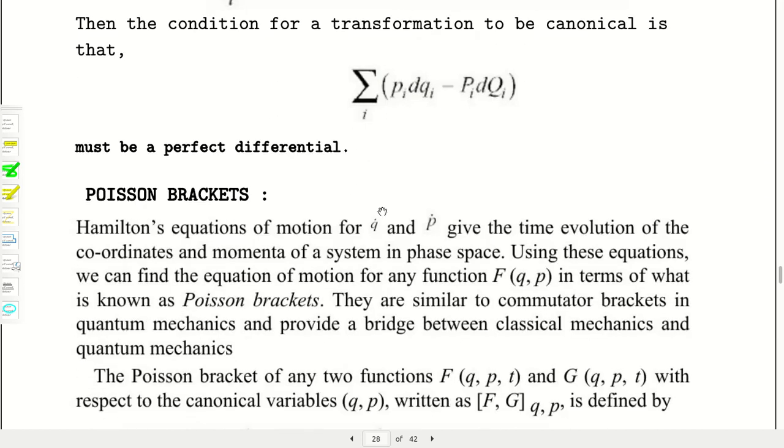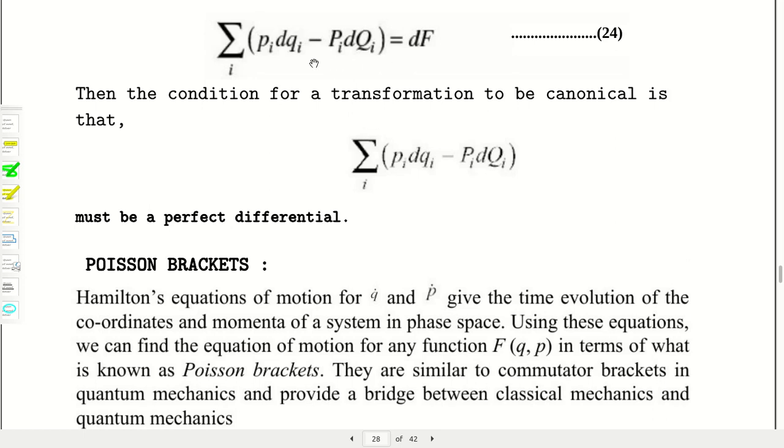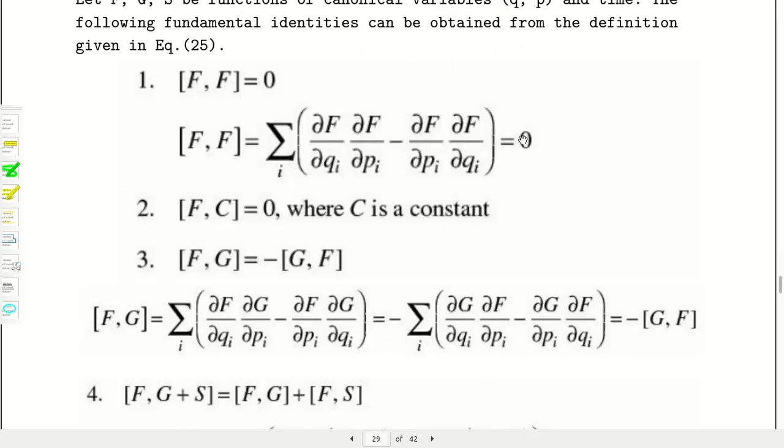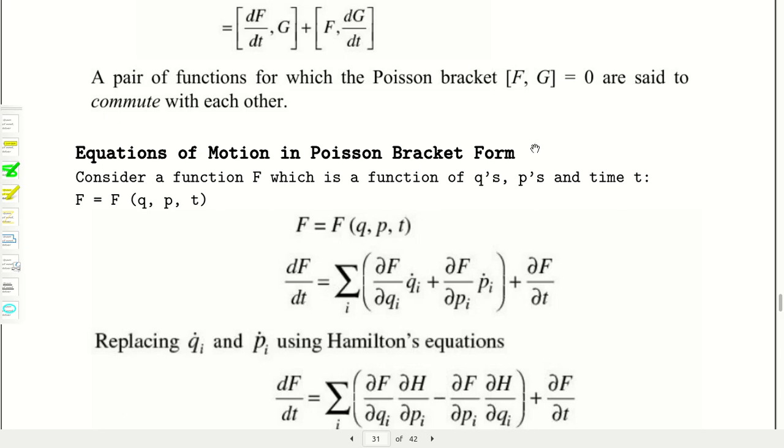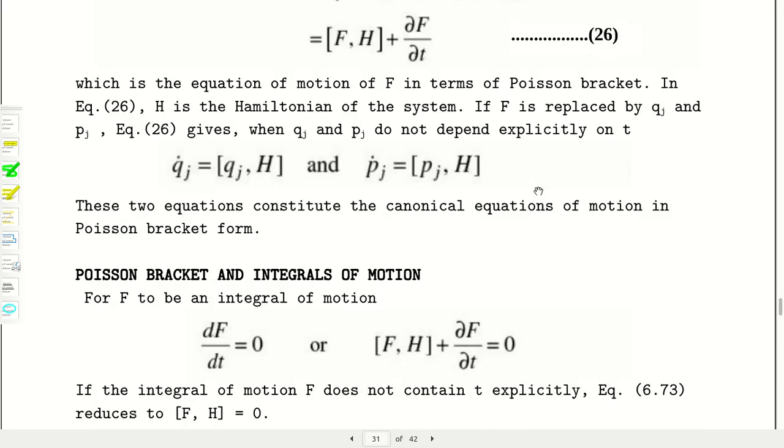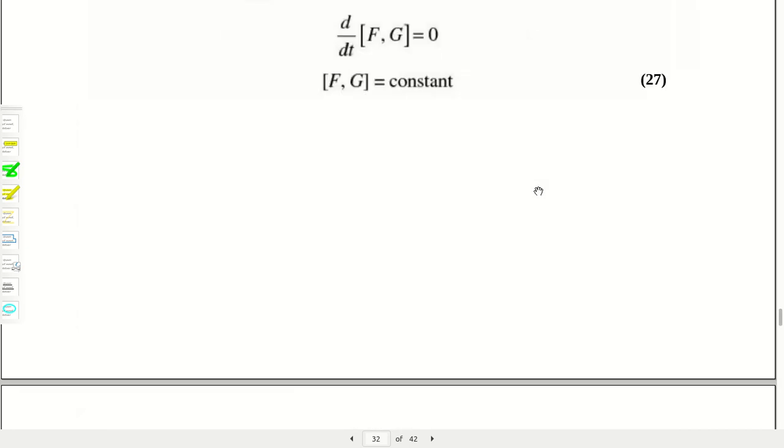You have to be sure that the transformation follows this rule, then you can say my transformation is a canonical one. And now the question is, if the transformation is canonical, what is the effect on the Poisson bracket? That is our point here.